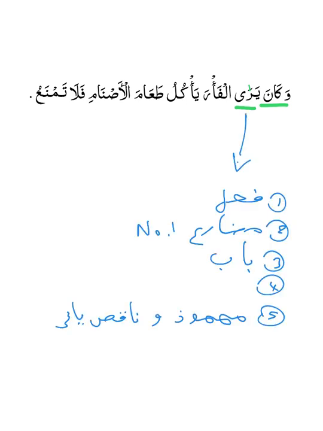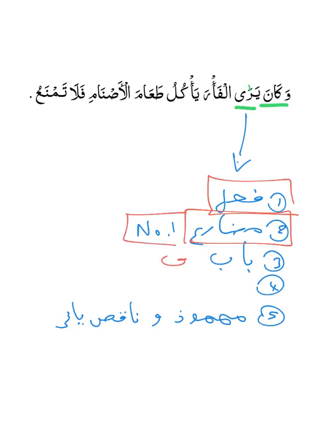Wakana yara. What is yara, out of ism, fi'l and harf? It's a fi'l. What type of fi'l? It's a mudari' and it's number 1. The bab is fataha yaftahu, which brings us to step 4.